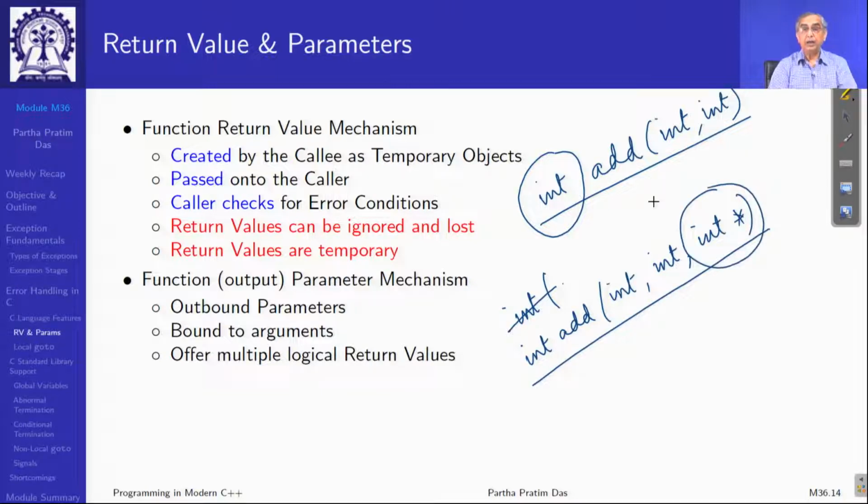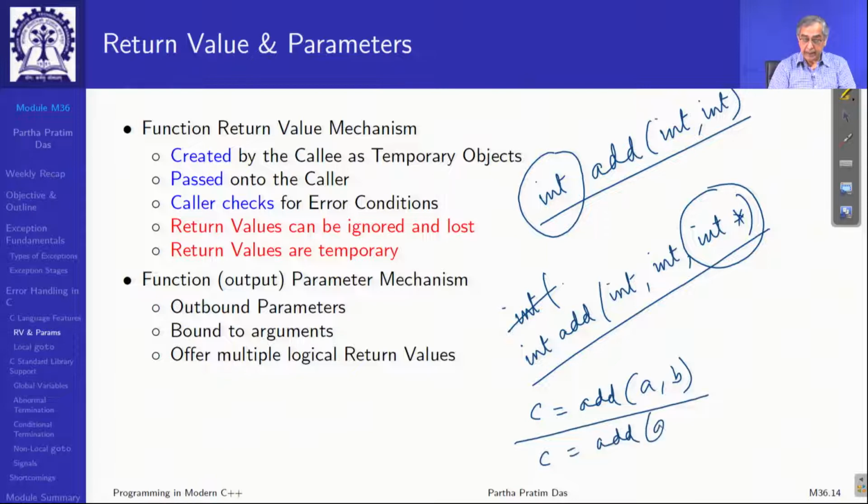This is an explicitly outbound argument where I can pass an integer value back to my caller to show whether the function is done successfully or not. But it is a huge problem, because you would have used the function as c = add(a, b), right. Now, you have to use it as c = add(a, b, &error).